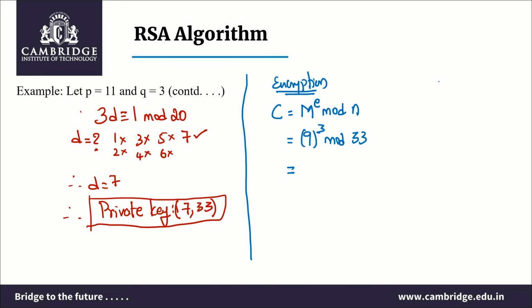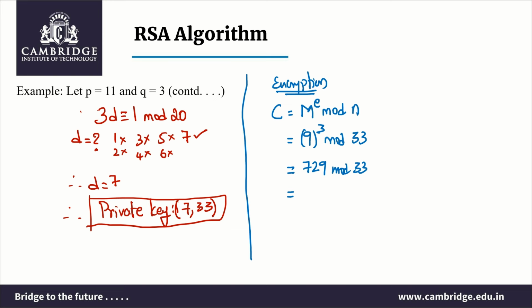How to calculate it now? We have to calculate the value of 9 power 3, which would be 729. 729 mod 33 is what I have to do.